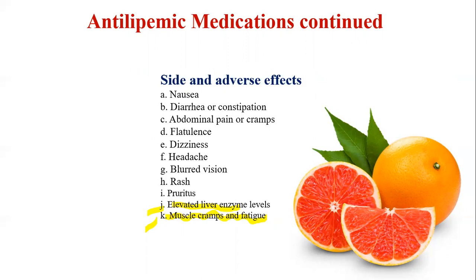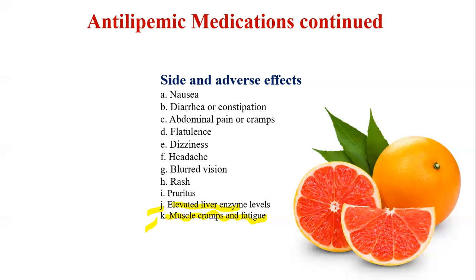So when patients have liver damage, they come to you with jaundice or right upper quadrant pain, dark urine color, or elevated liver enzymes. And also some patients present with muscle cramping. When muscle tissue breaks down, it passes through the kidney and gets stuck, which is called rhabdomyolysis. So if we see anything, we should notify the healthcare provider.